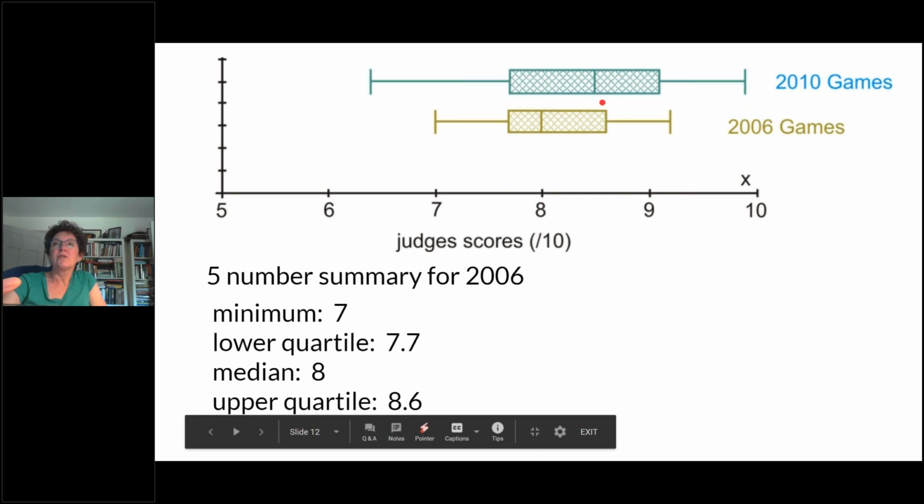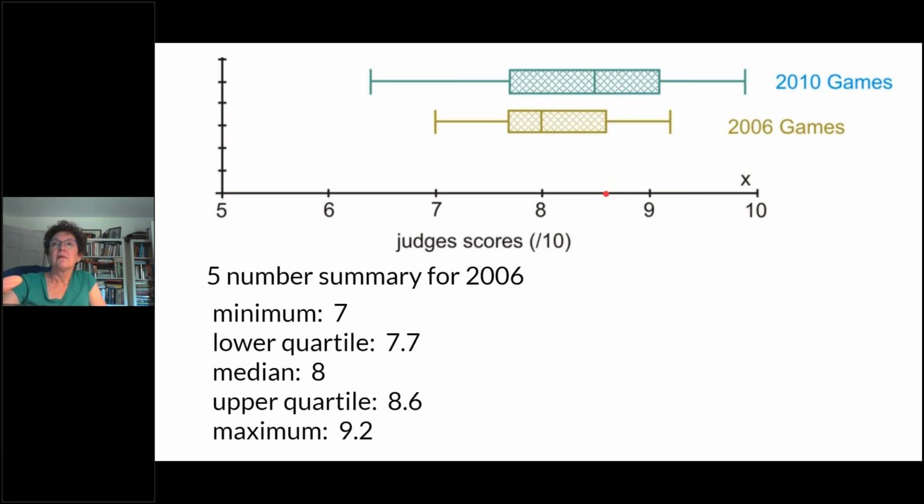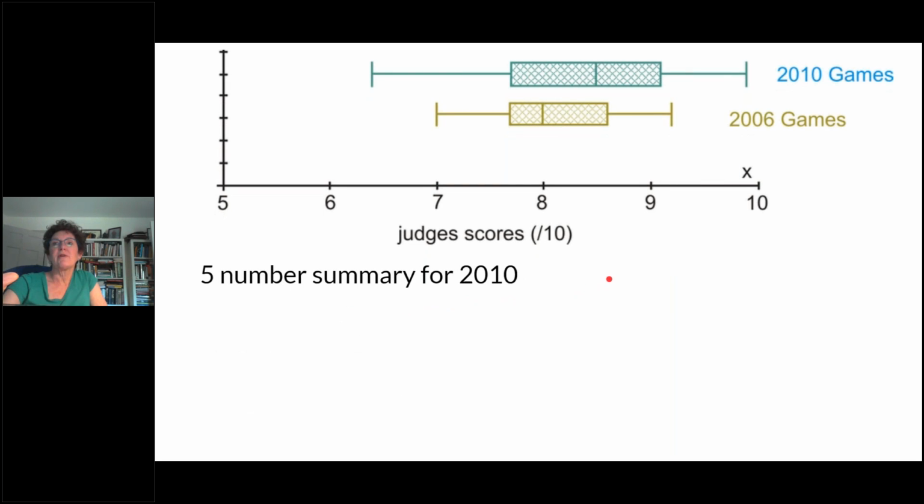The upper quartile right here, a little bit past halfway, so 8.6. And then the maximum, not halfway, 9.2, what I called it. Okay, so those are the 5-number summary for 2006. What about for 2010?